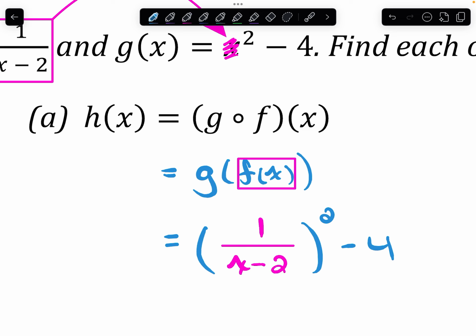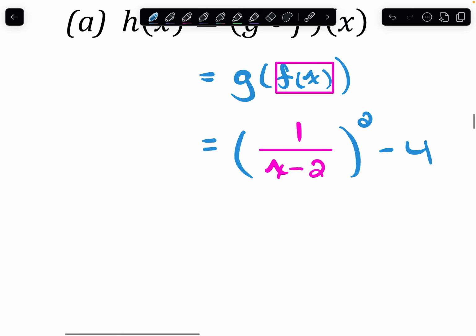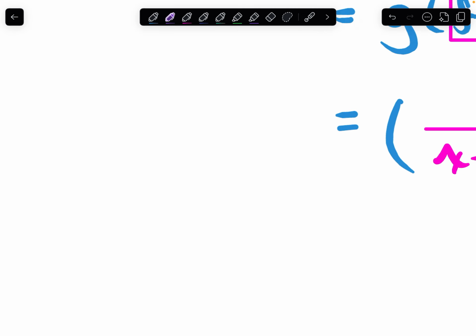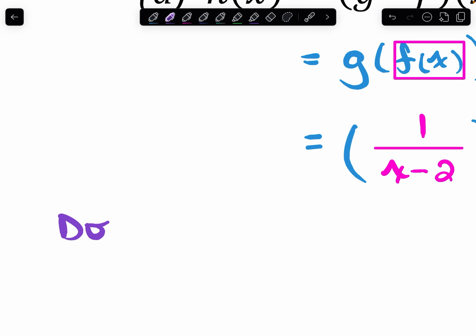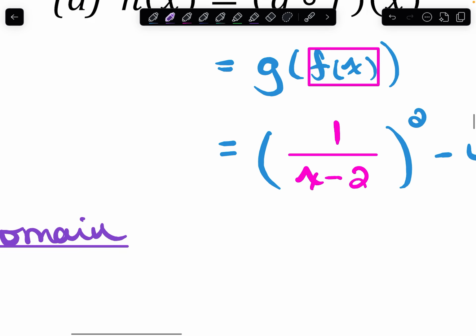All right, so when the functions start to get more complicated, if you are asked for the domain, I would go ahead and do the domain first. That way you don't have to worry about simplifying the function and losing something. So domain, remember, issues with domain are denominators. So I'm going to come over here on the side for the work for the domain. If we look at this function, we have x minus 2 sitting in a denominator.